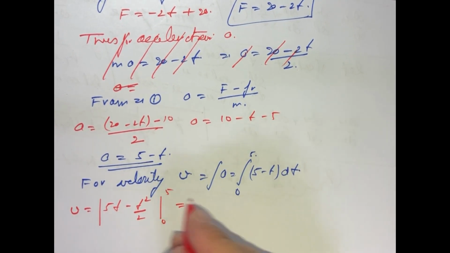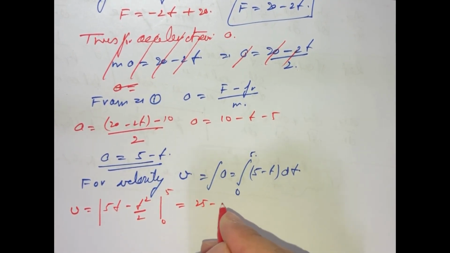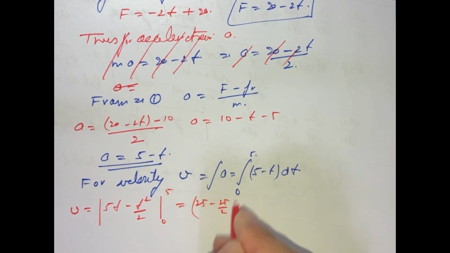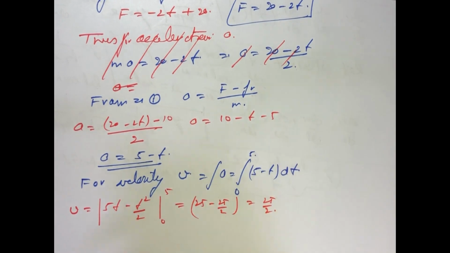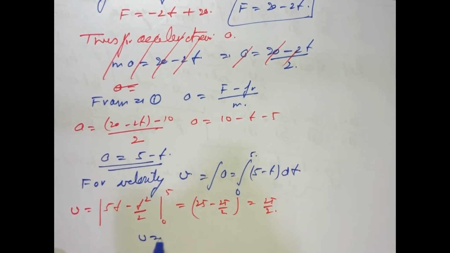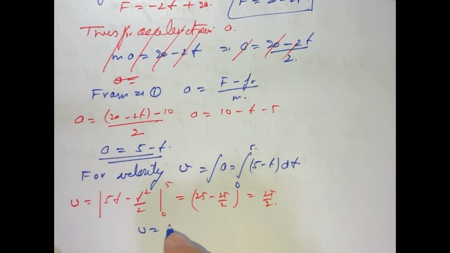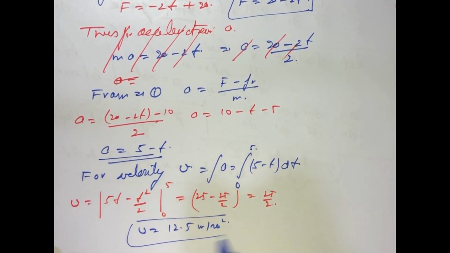So this will be coming as 25 minus 25 by 2, which will be equal to 25 by 2. So velocity we get as 12.5 meter per second.